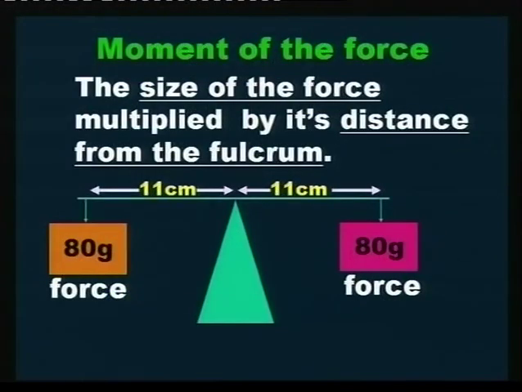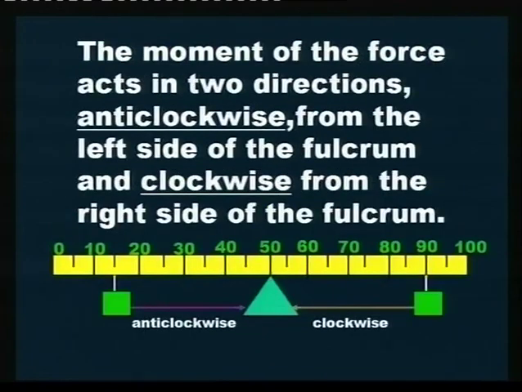Now we will also be looking at another pair of words, which are anti-clockwise and clockwise. They are also used in the moment of the force. It says the moment of the force acts in two directions: anti-clockwise from the left side of the fulcrum and clockwise from the right side of the fulcrum.